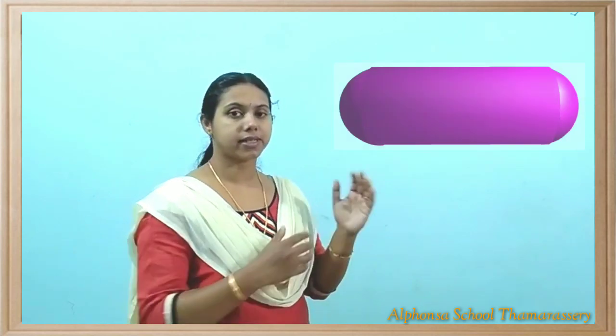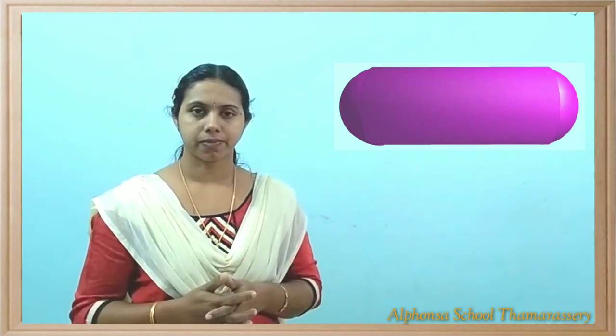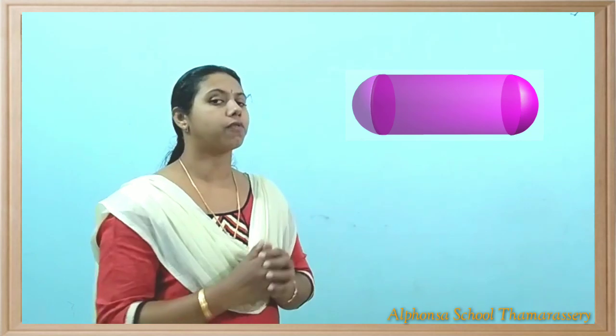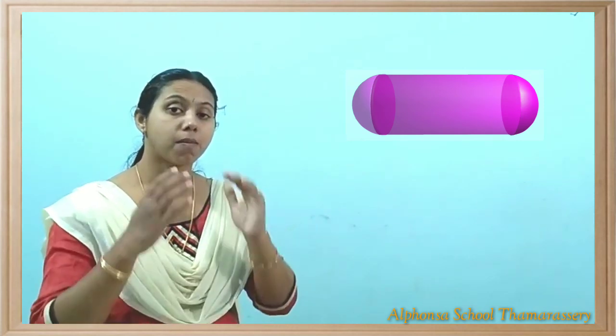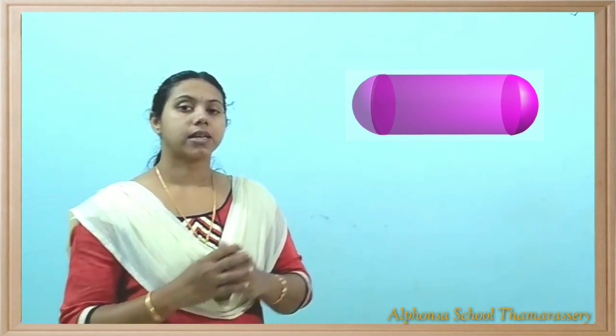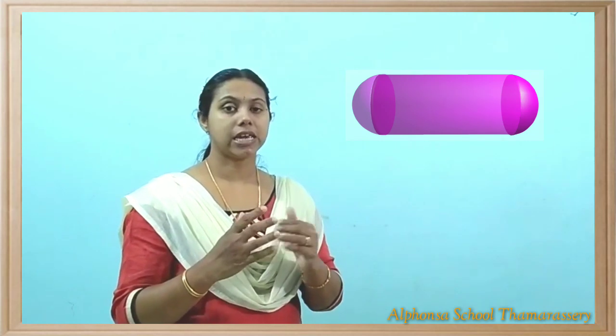We know that the tanker, or such a solid, is a combination of a cylinder with a hemisphere at both ends. So the total surface area of this tanker is the sum of the curved surface areas of each of the individual parts, that is, the curved surface area of two hemispheres and the curved surface area of the cylinder.